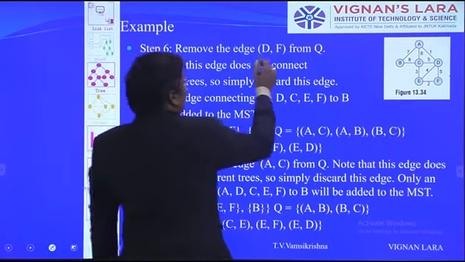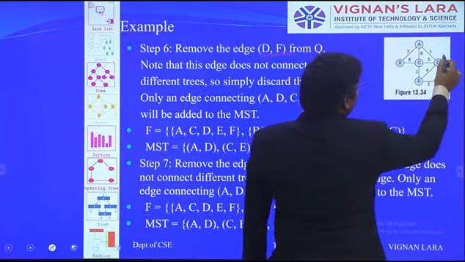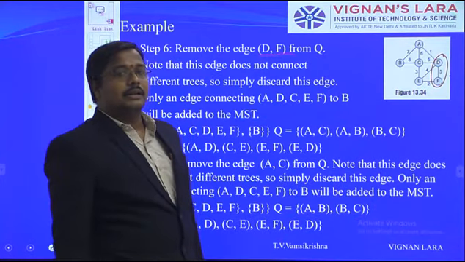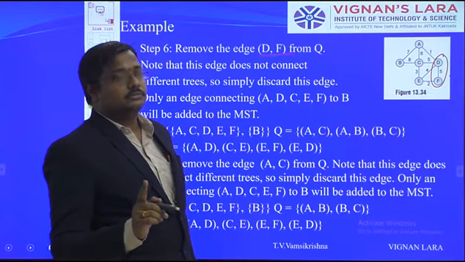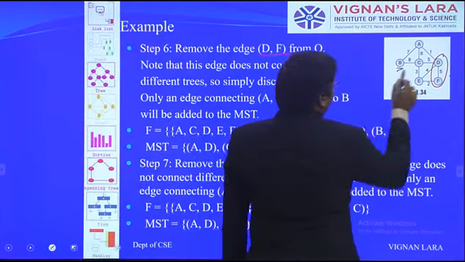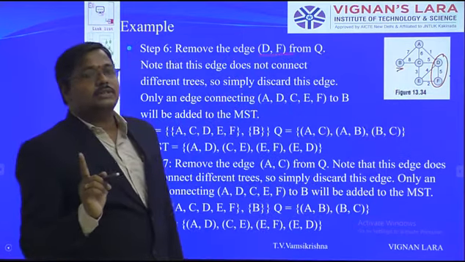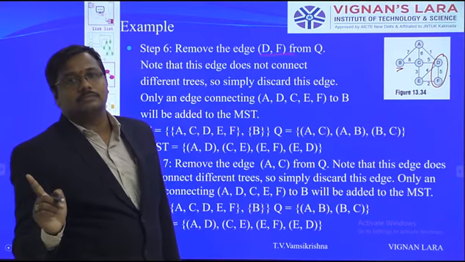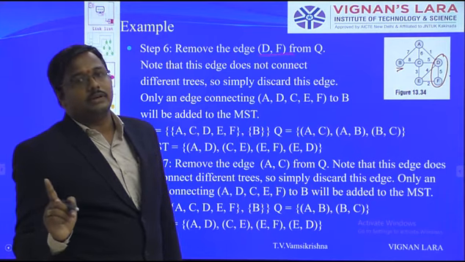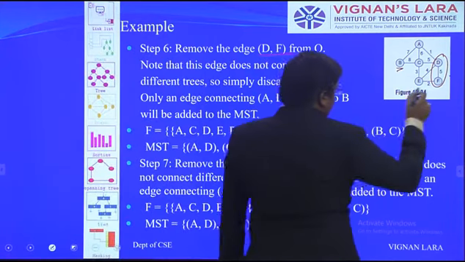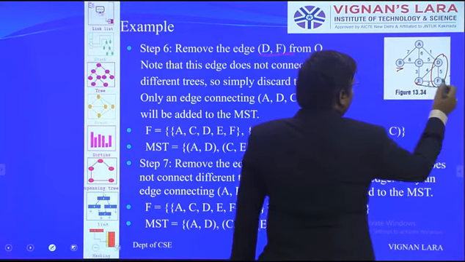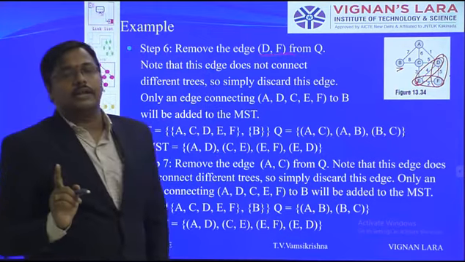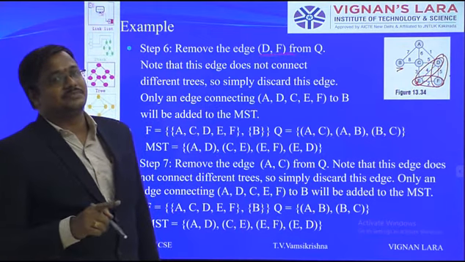Next, D comma F. This is this edge. Here also the cost is 5, but it doesn't connect B. Right now we want to add the B vertex. And one more thing: E comma F is already selected, E comma D is selected, so when we select FD, again it forms a cycle.